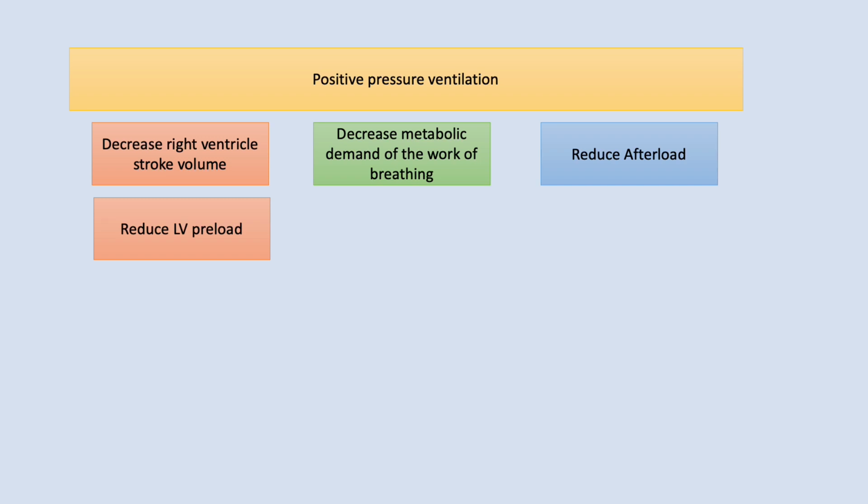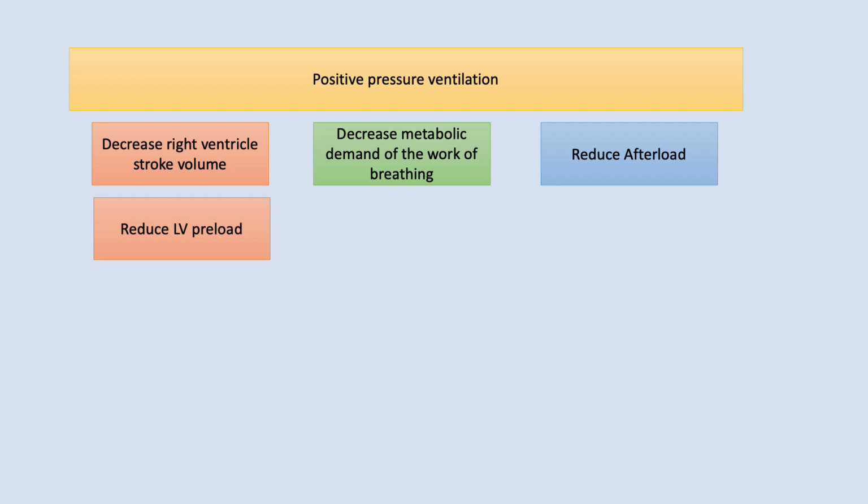Now let's see the effect of positive pressure ventilation in left-sided heart failure. It actually improves left-sided heart failure in three main ways. First, it decreases the right ventricle stroke volume, as we explained in the previous slide, and that will reduce the left ventricular preload, so not much blood will overflow to the left side, resulting in relaxing of the left ventricle.